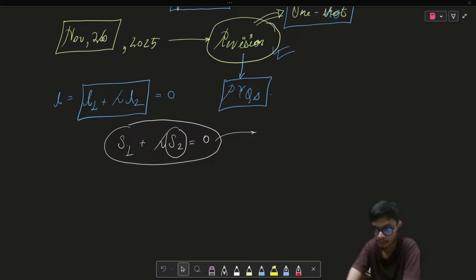We are going to discuss different equation forms of the circle, and along with that, we will move towards understanding the position of a point with respect to a circle. Then we are going to move into the position of a line with respect to a circle. That will be the main agenda of today's discussion. I hope this lecture is going to help you a lot in understanding the basic concepts. So without further ado, let's get started.